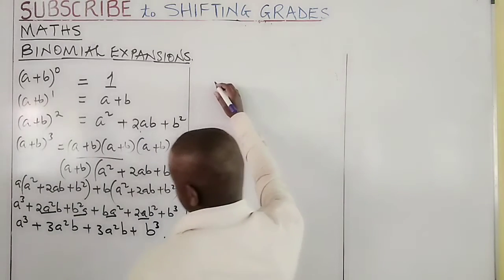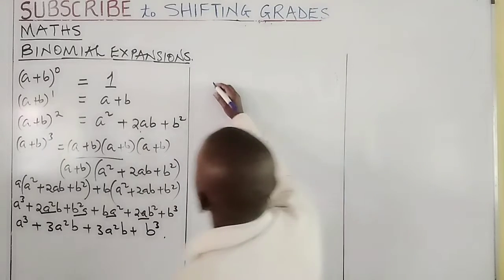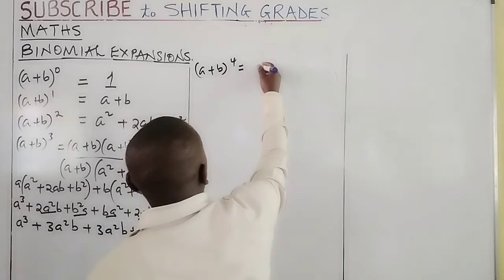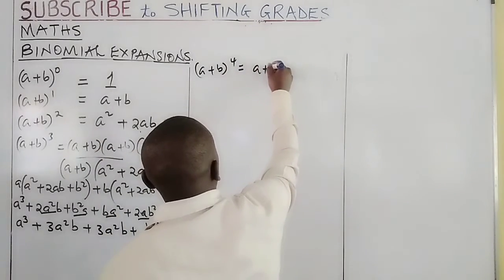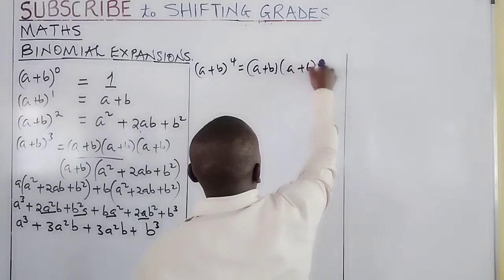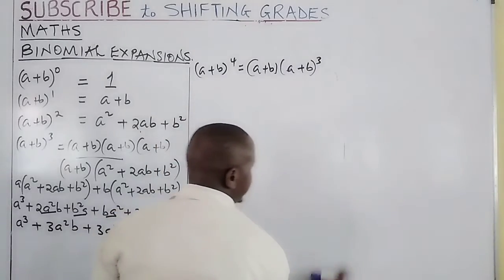We can check the same raised to power 4, which will be a plus b multiplied with a plus b power 3, and the power 3 is already gotten.